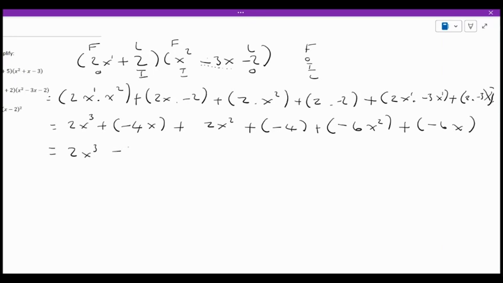Positive, negative gives us a negative, plus 2x squared. Positive, negative gives us a negative. Same thing over here. Now, we have to simplify.